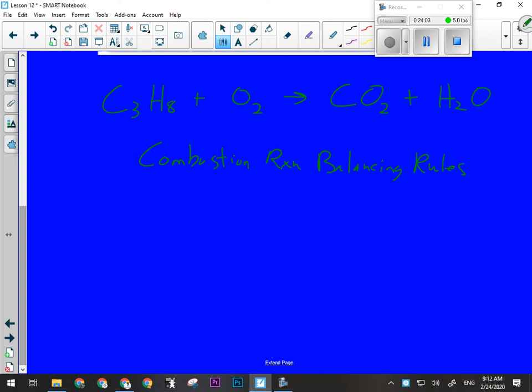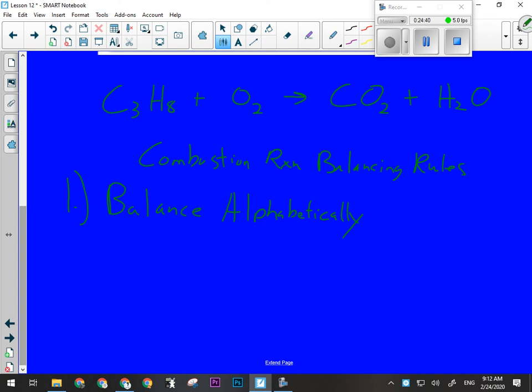All right, rule number 1 for balancing combustion reactions is that we are going to balance them alphabetically. That means we start with carbon, then hydrogen, and finish with oxygen. Always. If you don't do it that way, you'll never get it to balance and get really, really frustrated.